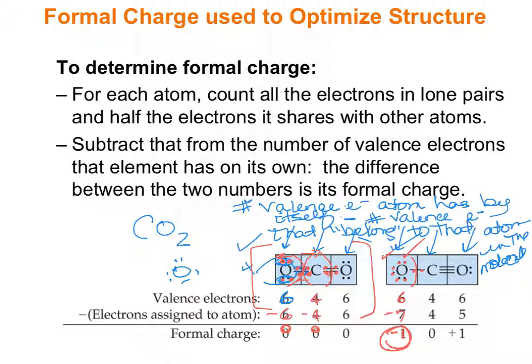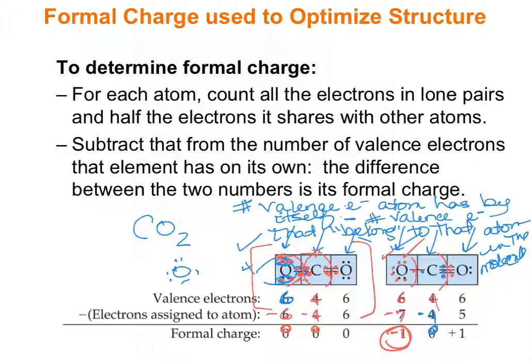Going through the similar thing with the carbon. Carbon, we know when it's on its own, has 4 valence electrons. And then in this structure, it has 1, 2, 3, 4 valence electrons that belong to it. So that's good. That carbon in this structure also has a formal charge of 0.